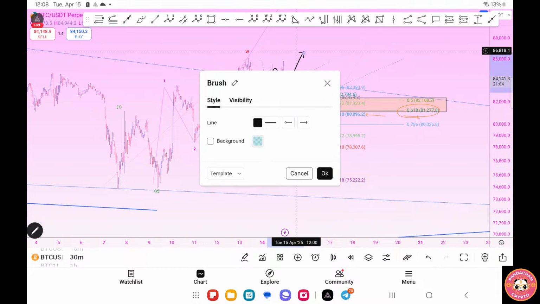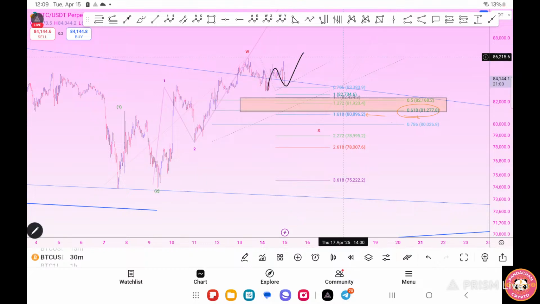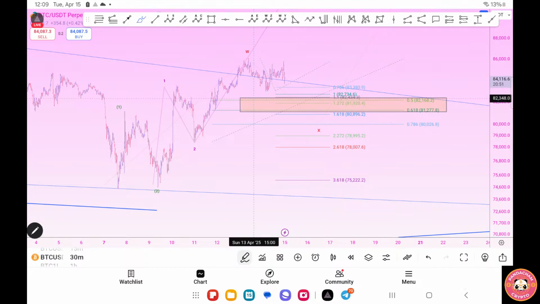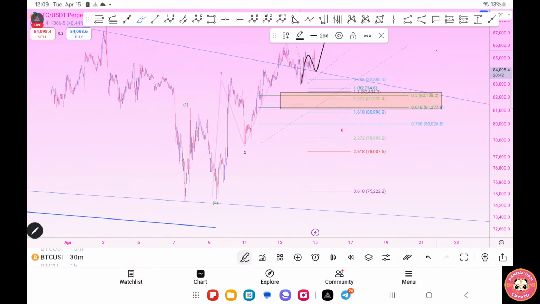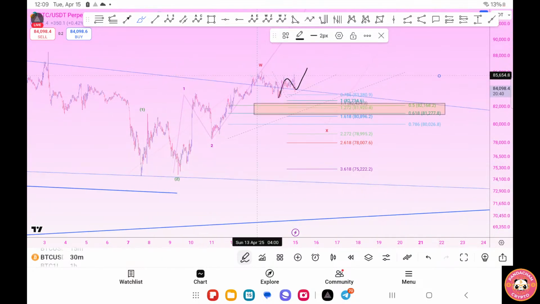There you go. Normal. Let me delete all this. So we are still expecting there is a potential that we might just retrace to the upside, making this whole structure an expanded flat like that as well. We want that correction.